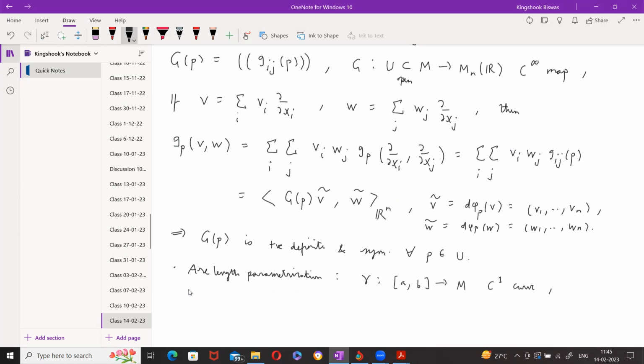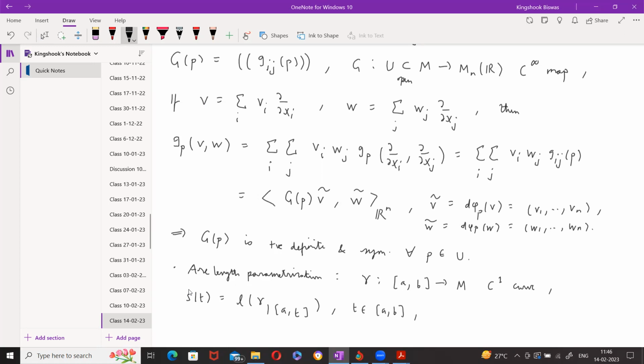Then you define a function S of T to be the length of gamma restricted to the interval A to T, for T in AB.